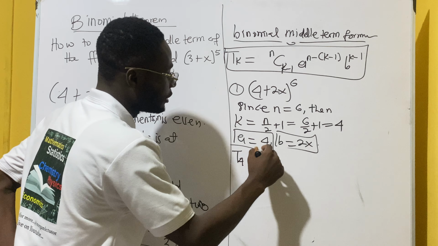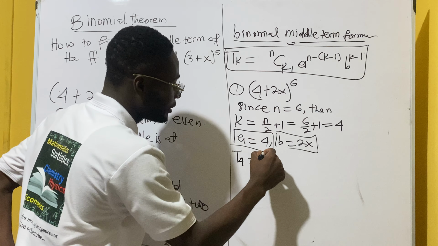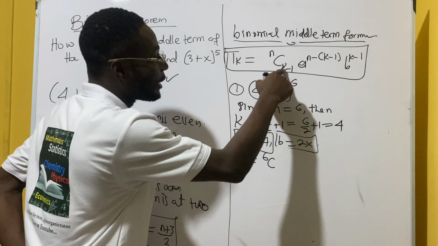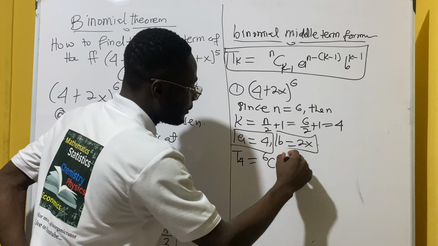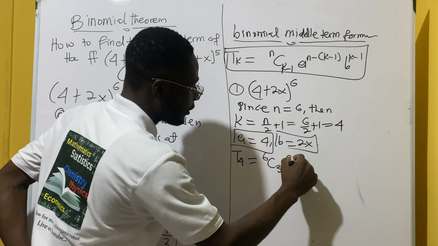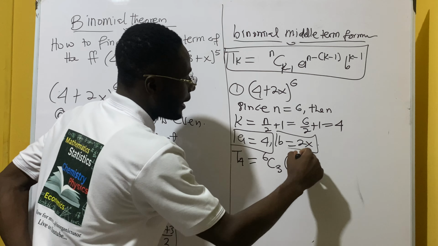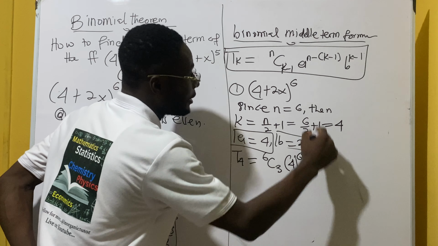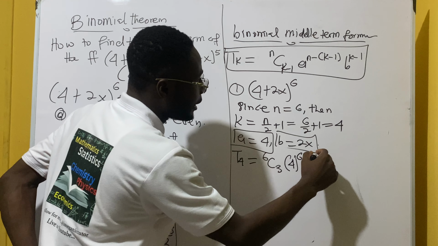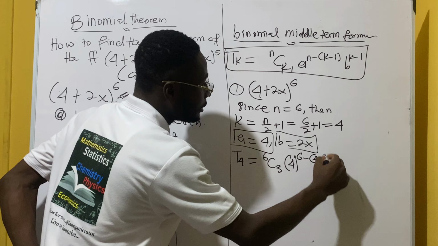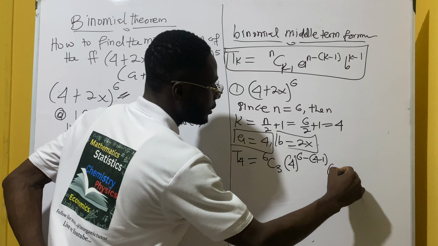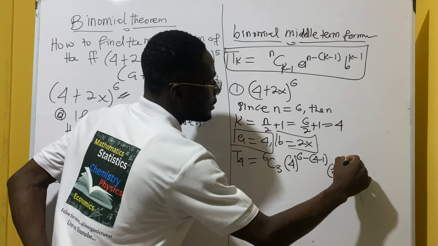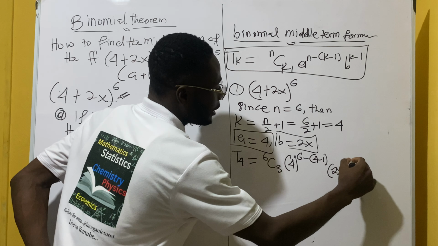The fourth term is equal to n combination k minus 1, that is 6 combination 4 minus 1, which is 3, times a, which is 4 exponent n minus k minus 1, that is 6 minus 4 minus 1, times b, which is 2x exponent 4 minus 1.